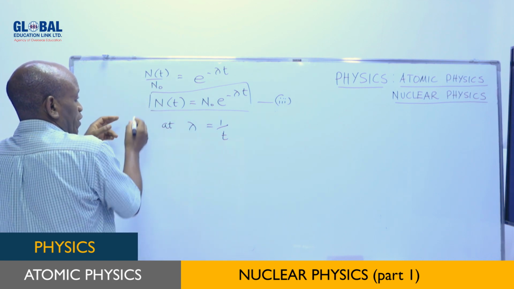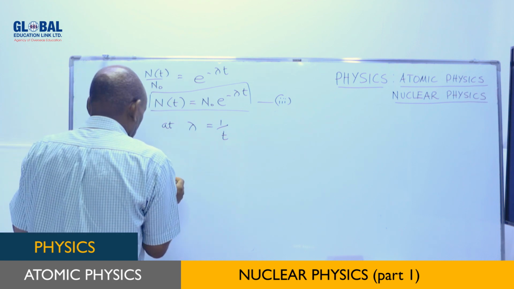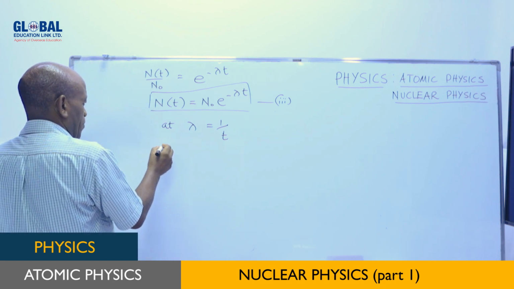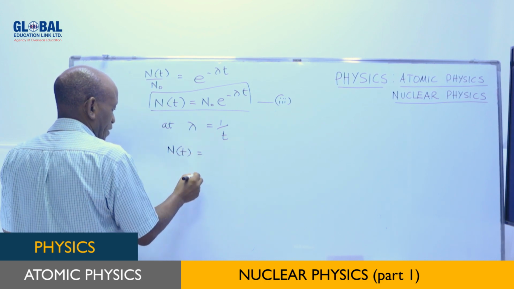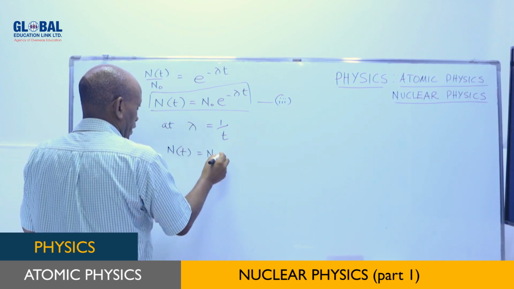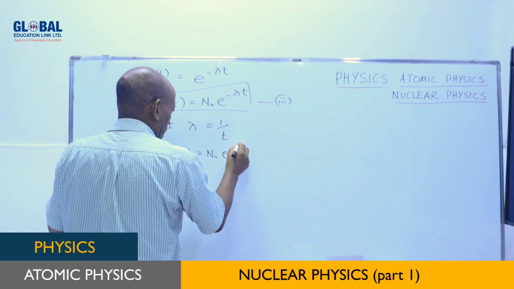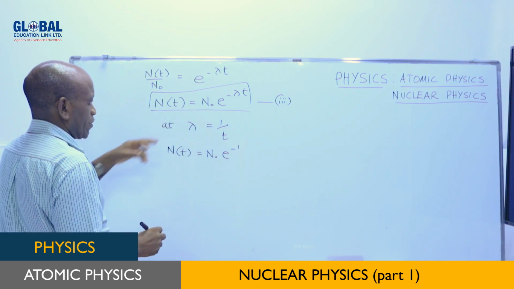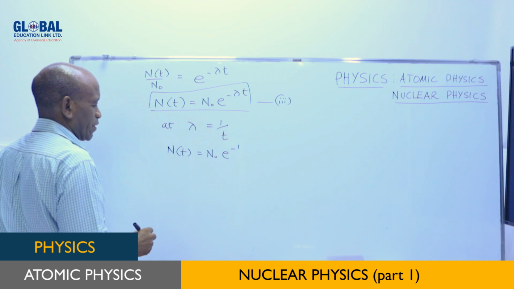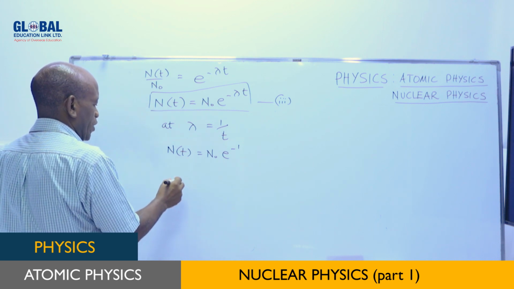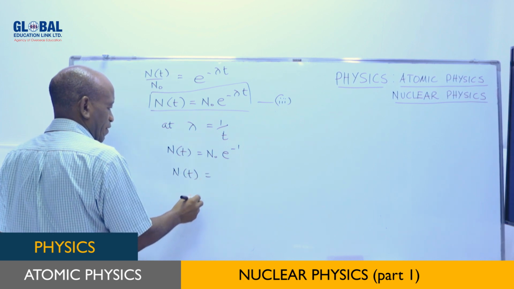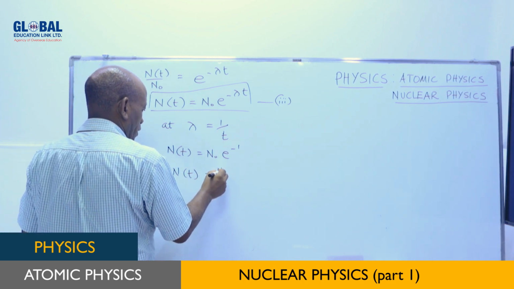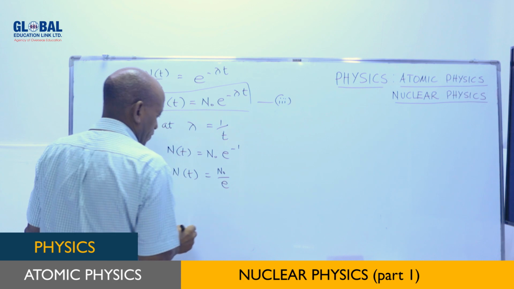It means that the whole expression will be reduced to this: the number of samples present at time t is equal to N naught e to the power minus 1, because lambda there is equal to 1 over t. You will find that the number of samples present will be equal to N naught over e.